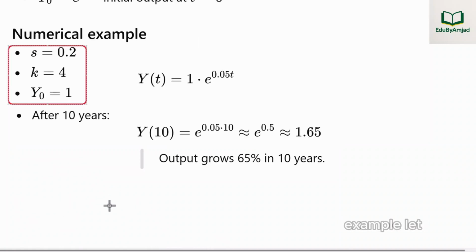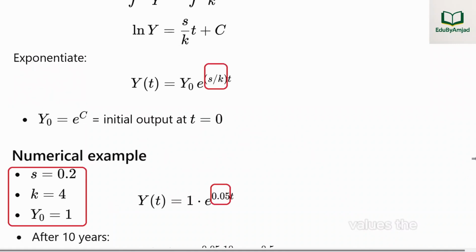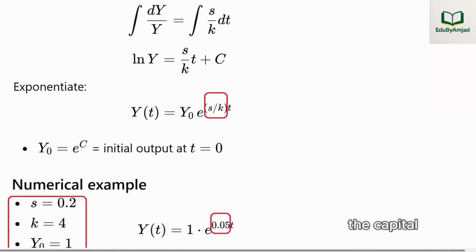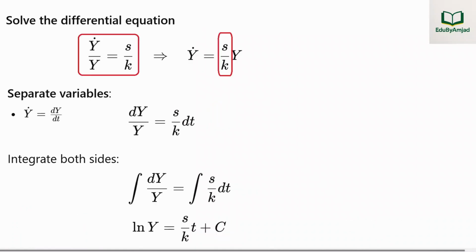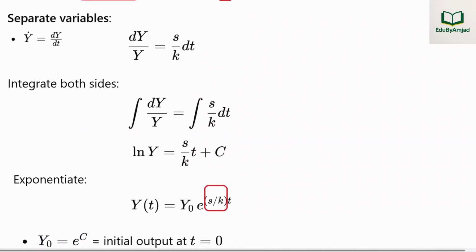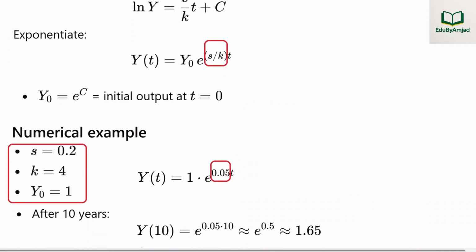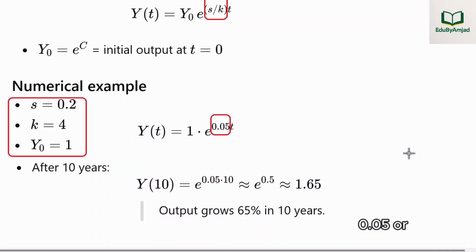For a numerical example, let the saving rate be 20%, the capital output ratio equal 4, and the initial level of output equal 1 unit of currency. Using these values, the warranted growth rate of output equals saving divided by the capital output ratio, which is 0.05, or 5% per year in continuous time.